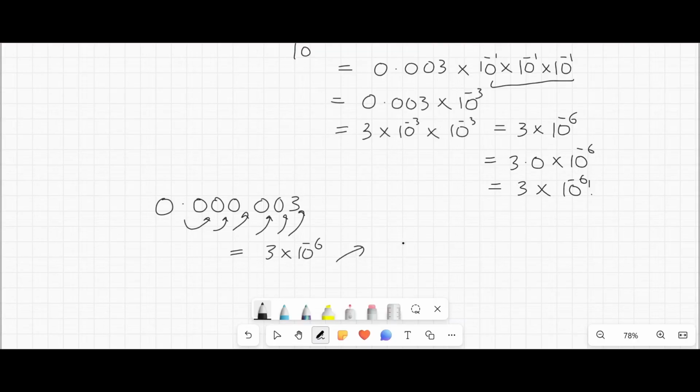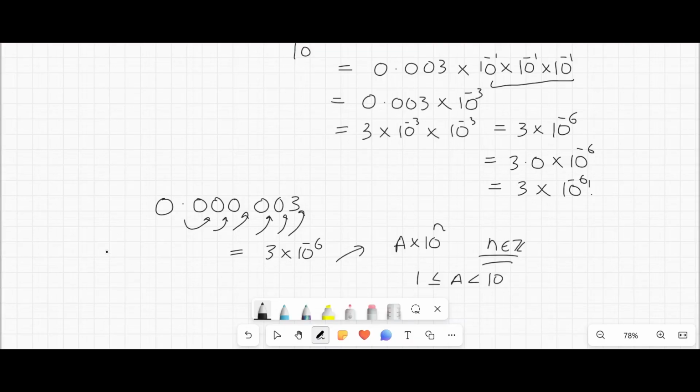So this is our standard form, because it is a into 10 raised to n, where n is an integer. You should remember n belongs to the integers and a is between 1 and 10, not including 10.